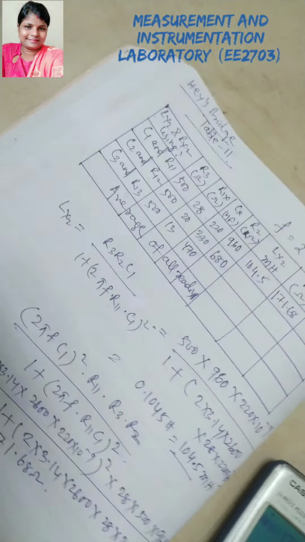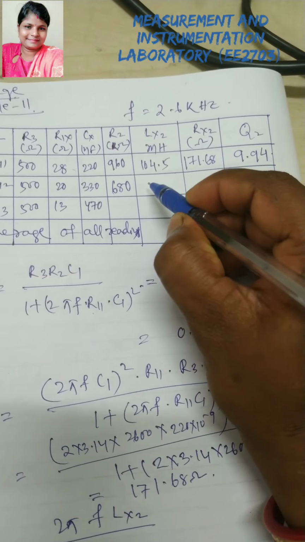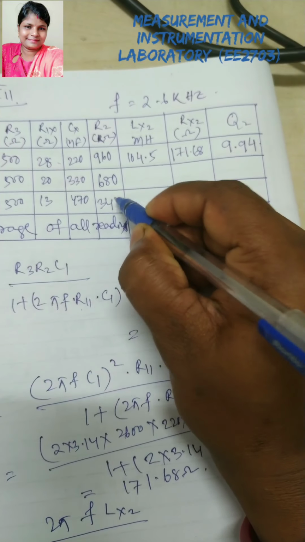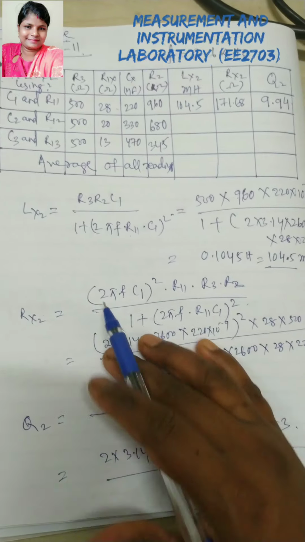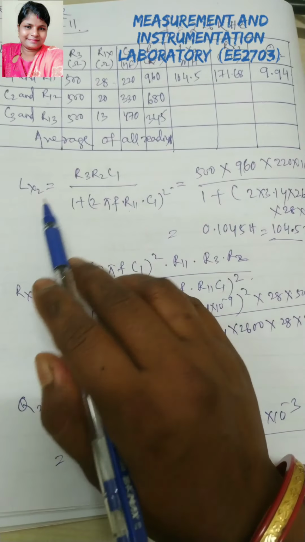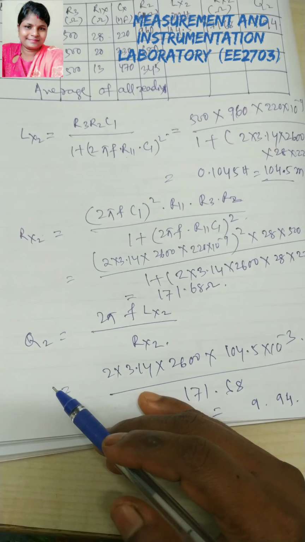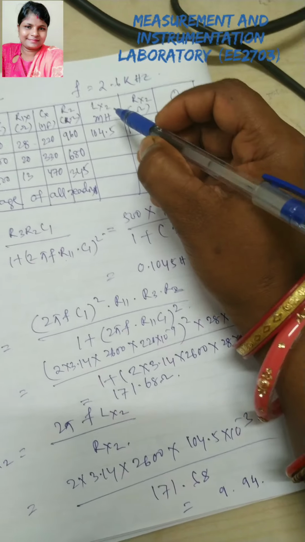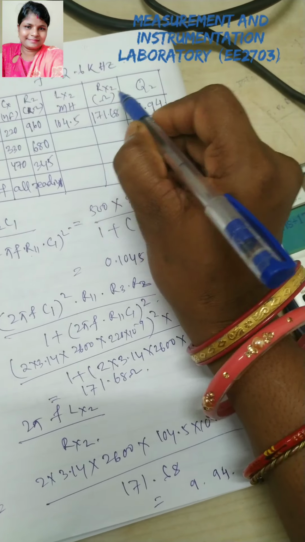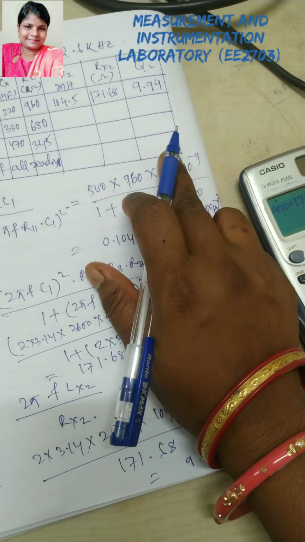So write here 345, and same using this formula calculate the value of LX2 and value of RX2 and Q2, and take the average of all the readings like LX2, RX2 and Q2. It must be greater than 10.